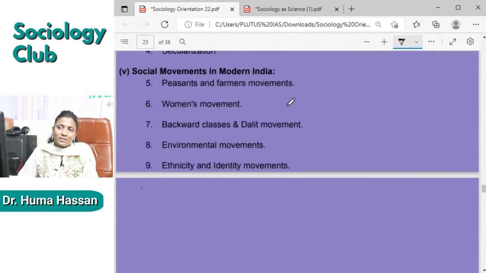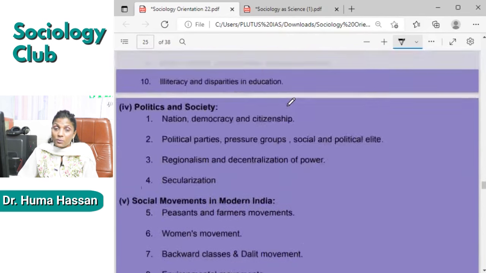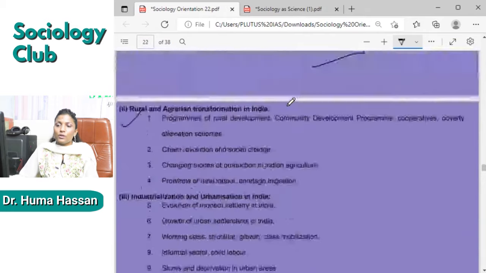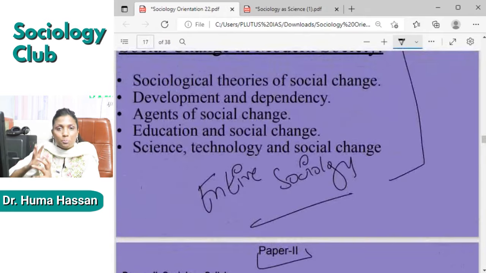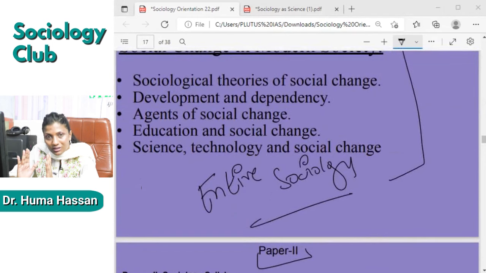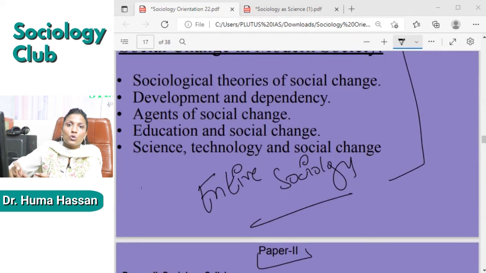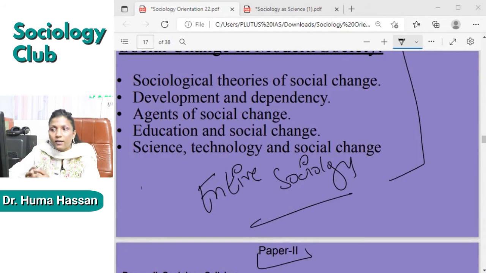Okay, so I would just say and finish my lecture today that the paper 2 approach is very different from paper 1. Make use of your common sense, just see the question paper. Can you find conceptual questions the way they have come in paper 1? You will not find them in paper 2. Okay, so now I take my leave and I wish best of luck to all of you.